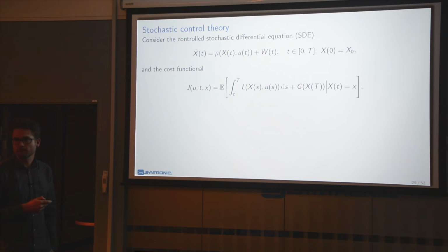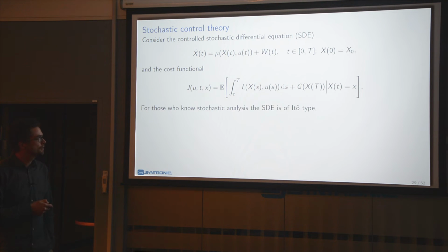And the stochastic differential equation is controlled by some function or stochastic process u, and how well the control is doing is measured in terms of this cost functional, which is the expected value of some running cost, which is accumulated over the time that we control, and the terminal cost.